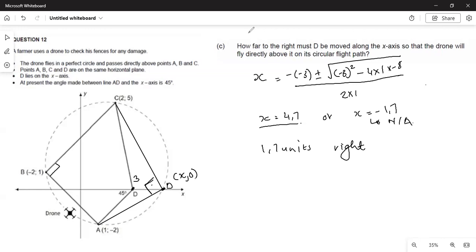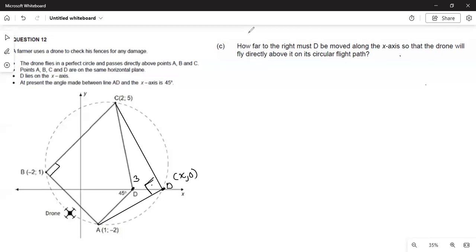For our second solution, we will draw a line from C to A, and that will be our diameter. We know this to be true because this angle is 90 degrees. So we are using the converse of the theorem of the semicircle to say that AC is going to be our diameter.